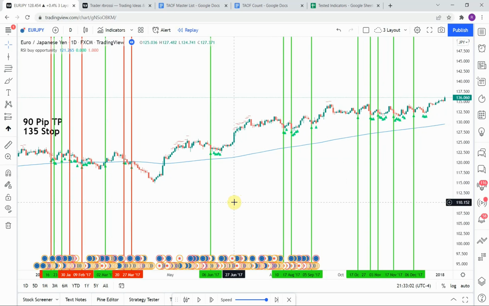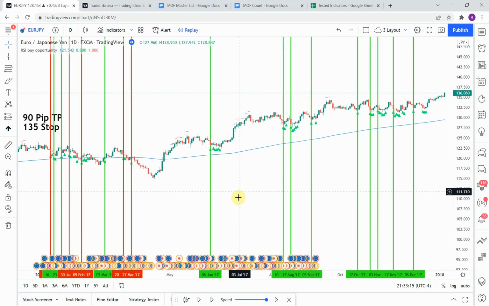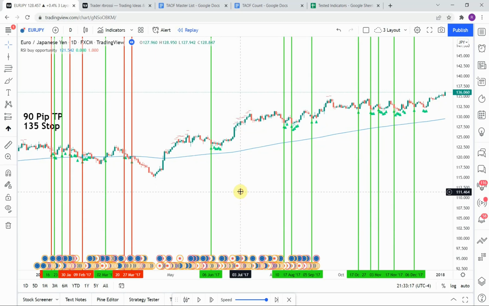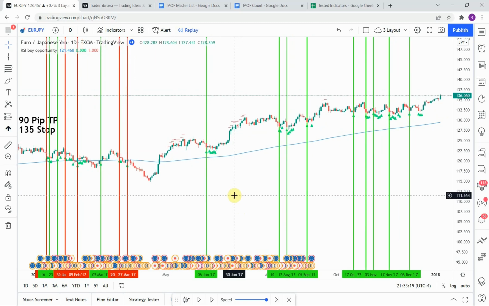But of course, I didn't think this method or this way of using it would do that well either. So that shows you exactly what can happen when you just take a quick glance and don't actually test something. So for now, regardless, this one is going to go on the yes list, and we will move on to the next indicator from here.